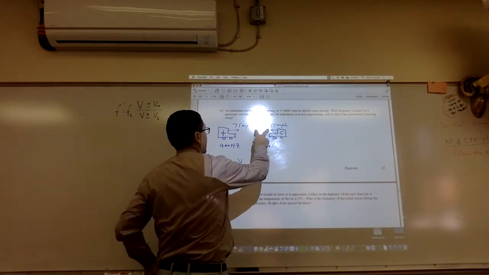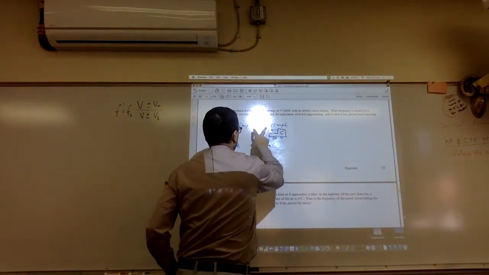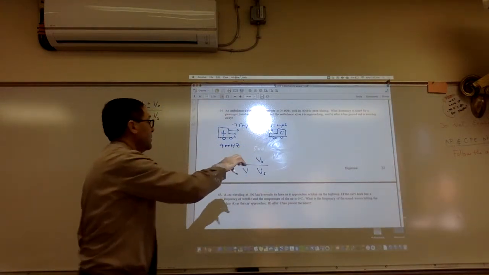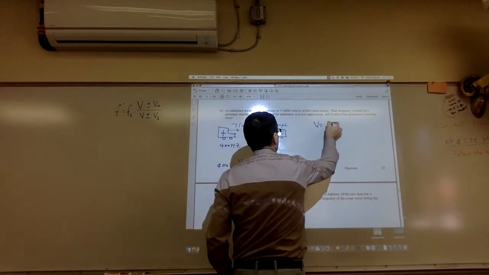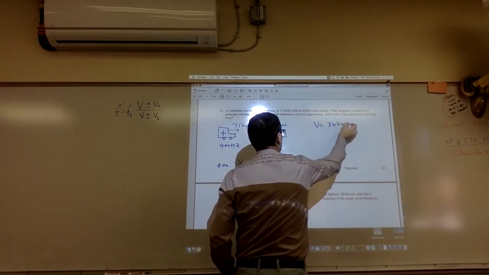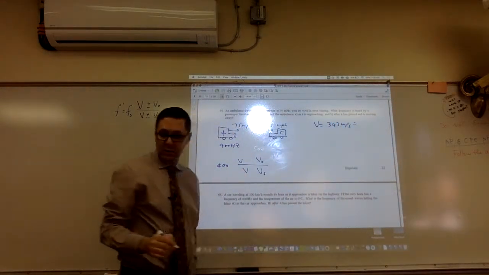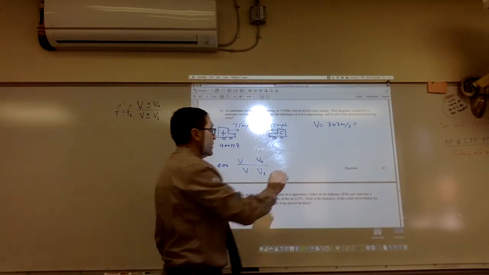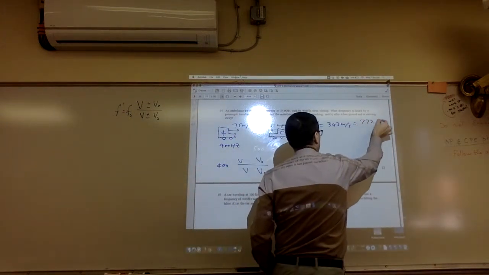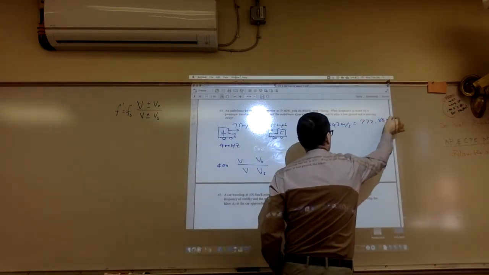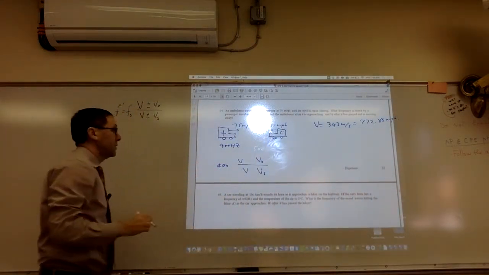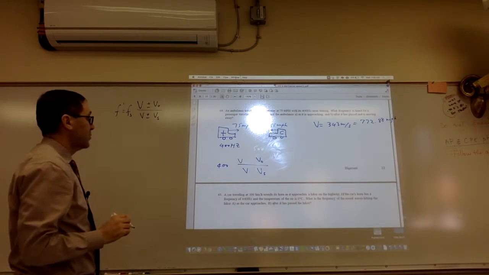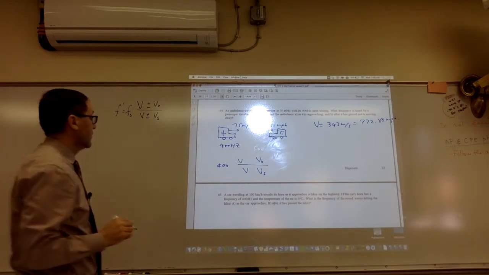So I have two things that are in miles per hour, so I'm going to leave everything in miles per hour, which means the V, the speed of sound in air, is 343 meters per second. I'm just going to change that one. I'd rather change one thing than two. So that's 772.88 miles per hour. And since this is just a ratio, as long as all the speeds have the same unit, it doesn't matter.